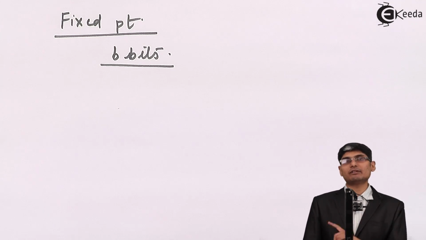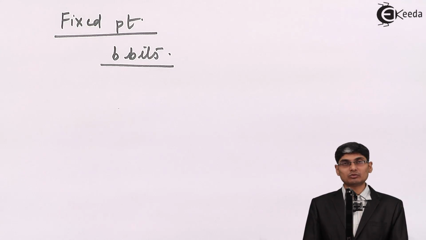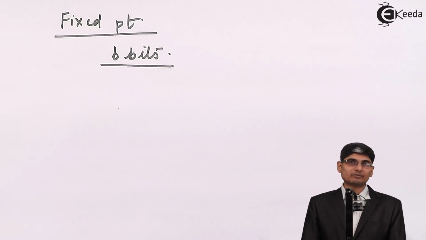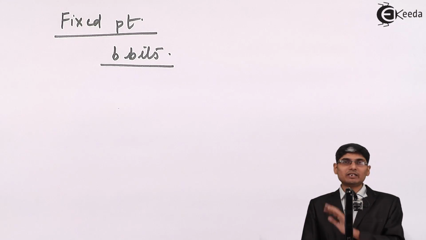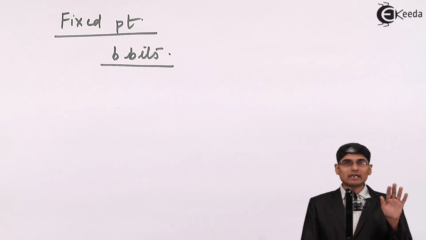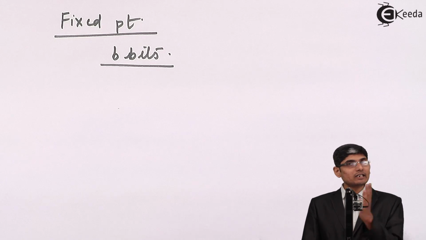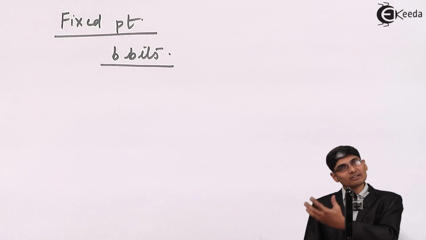So we have 8 bits on this side, 8 bits on this side, so there are total 16 bits. In a register, when I have a 16-bit number, I will read 8 bits, that will be my integer part, and I will read the rest 8 bits, that will be my fractional part.